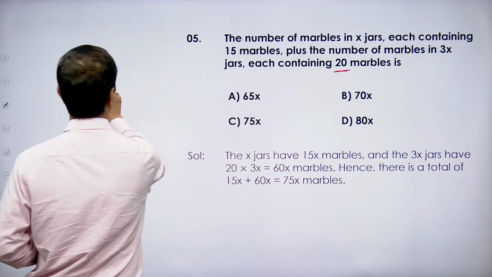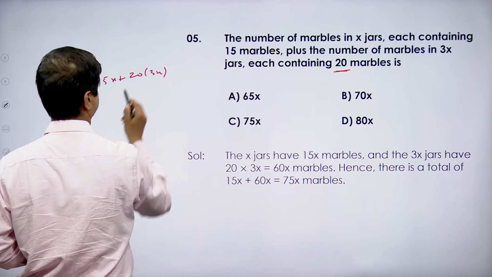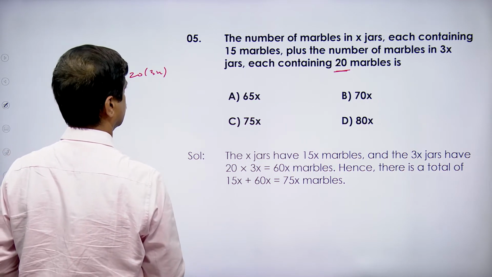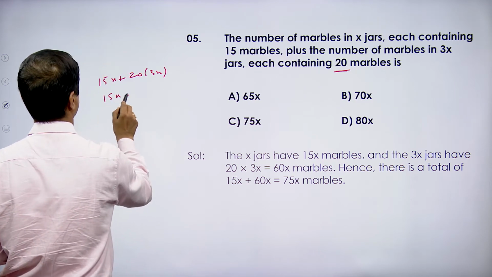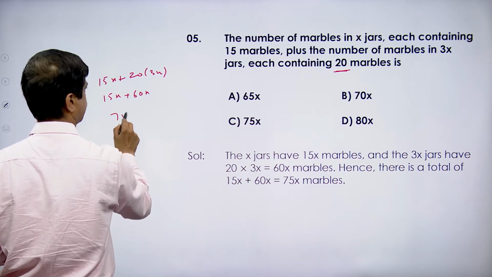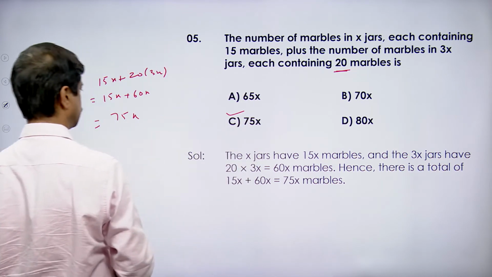So total marbles are 15x plus 20 into 3x. You get 15x plus 60x, which is equal to 75x. So which option you have? Option C. Please note it fast, quick.